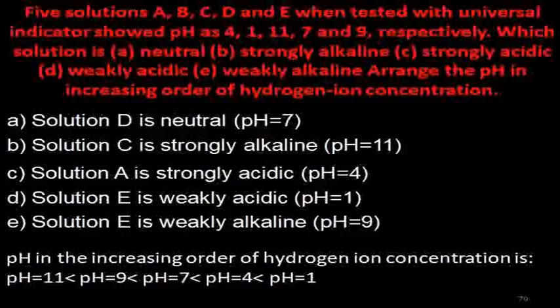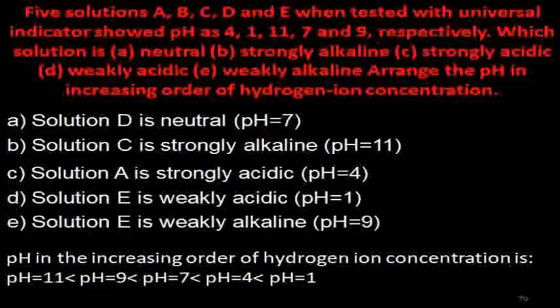The pH in the increasing order of hydrogen ion concentration is like this. That is, pH value 11 has less hydrogen ion concentration, and pH 9 is slightly more than 11. So hydrogen ion concentration increases as it moves from alkalinity to acidity.